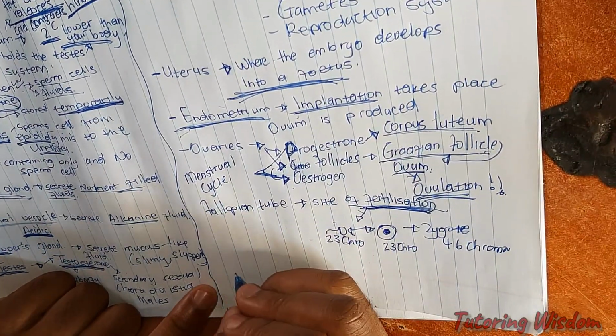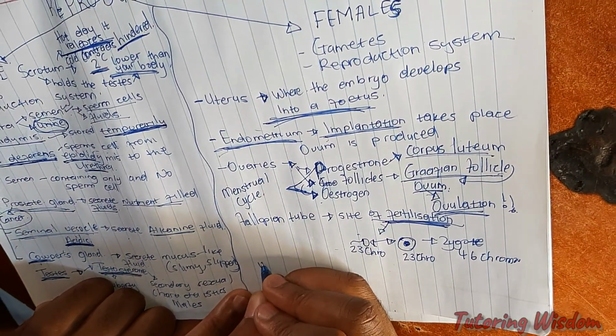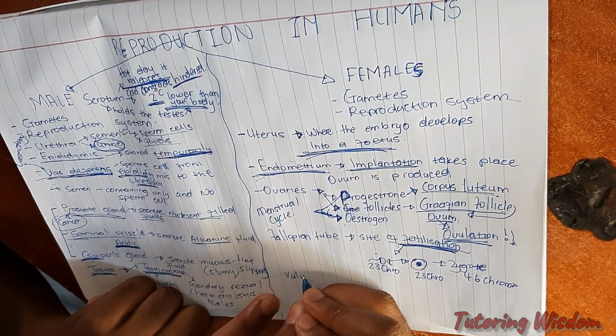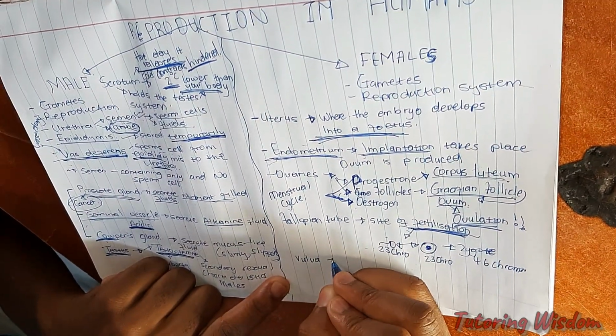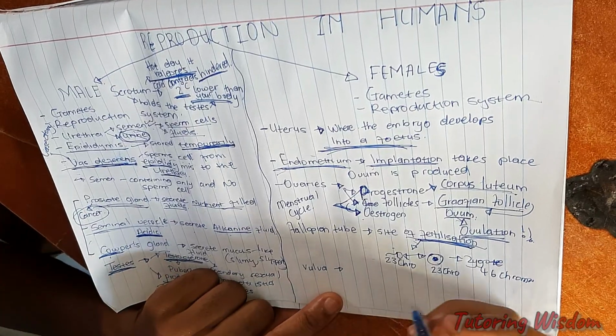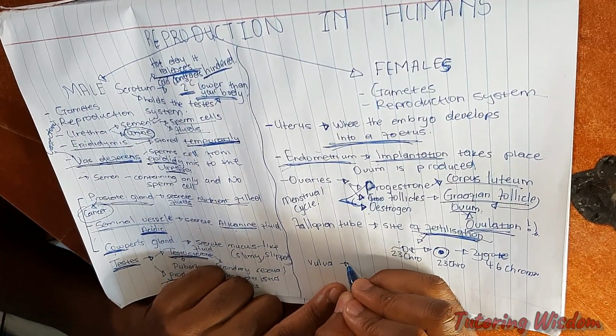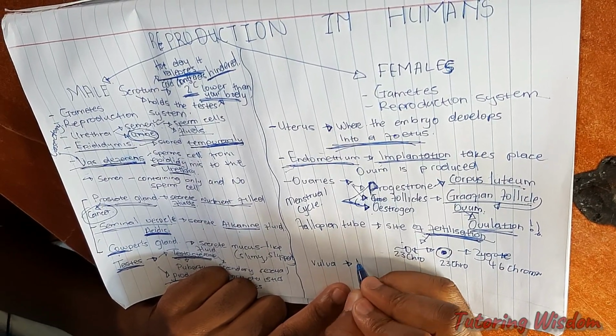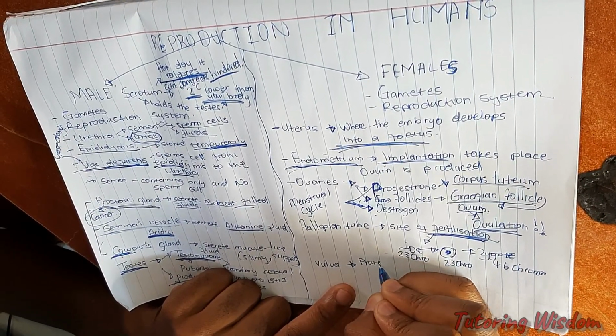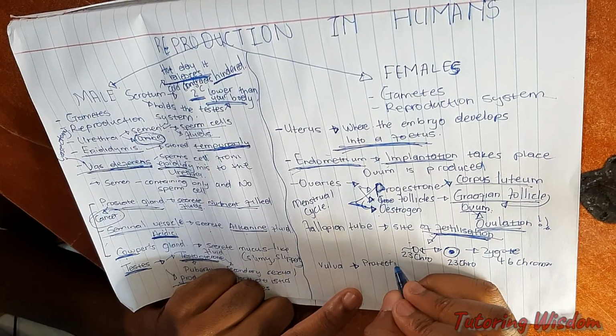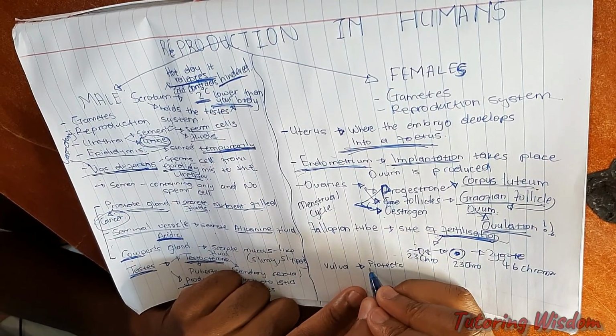The next part we are going to be dealing with is your vulva. Usually I'd explain the vulva as the lips. The vulva is outside, which protects foreign particles from entering the vagina.